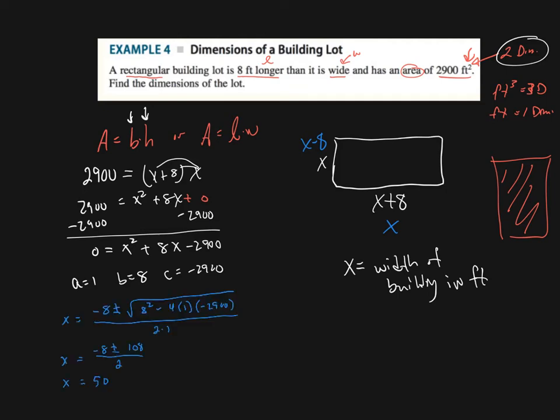So as you can see, my initial setup of the quadratic equation is here. The opposite of b plus or minus the square root of b squared minus 4 times a times c, all over 2 times a. So when I take the discriminant and get that all down, the square root of that was a perfect square, which leaves us with negative 8 plus 108 and negative 8 minus 108, all divided by 2.